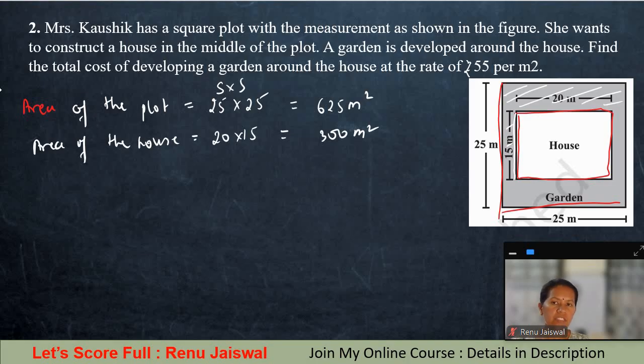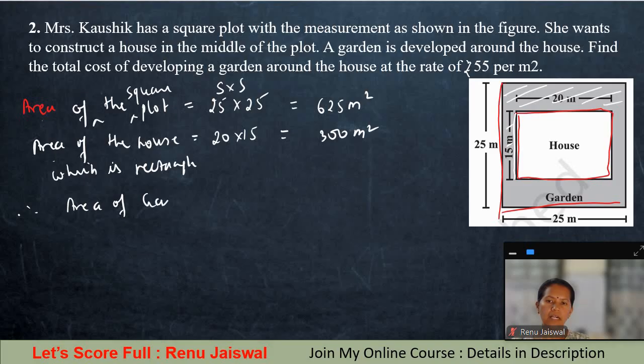You can write area of the square plot, and area of the house, which is a rectangle.